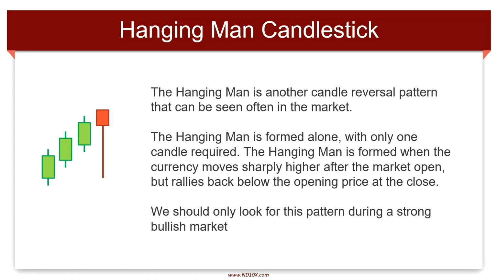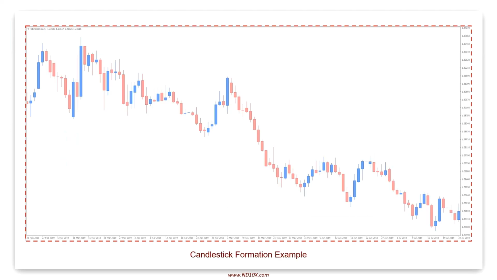So it's exactly the same thing as the hammer pattern, just instead of looking for that formation in a bearish market, the hanging man is going to be seen in the bullish market only. So try to see at least one, if not more, green candles prior to the hanging man.